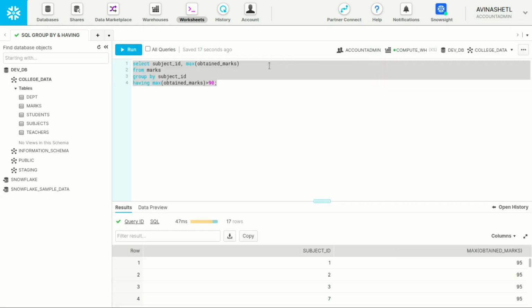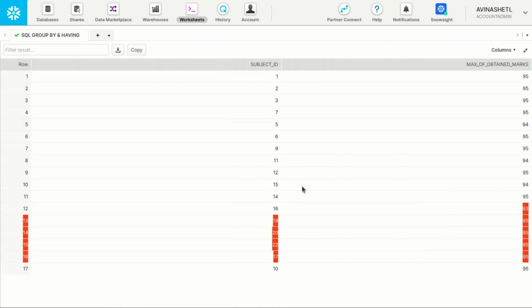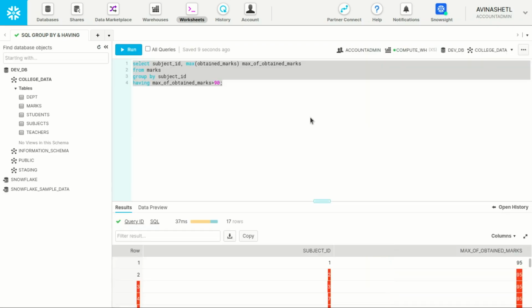We can give some alias here for max of obtained marks, and this alias can be used in the having clause. Like this, and here you go, we're getting same result. We have solved both the problems.